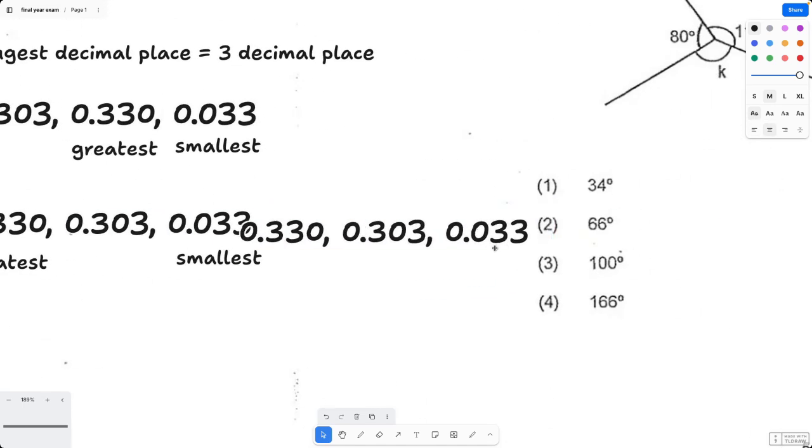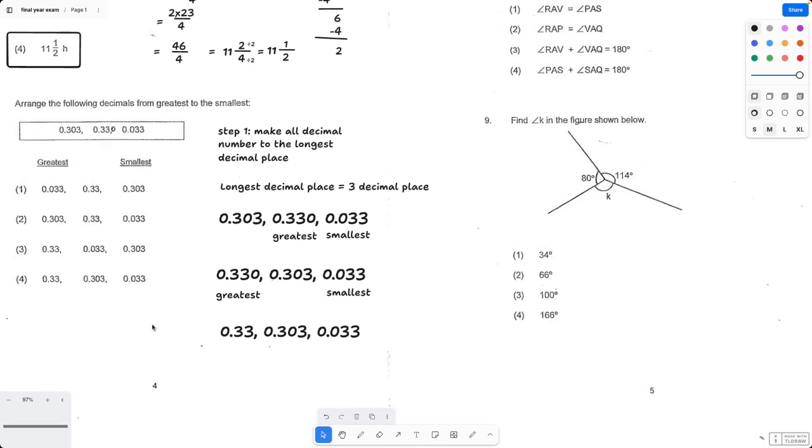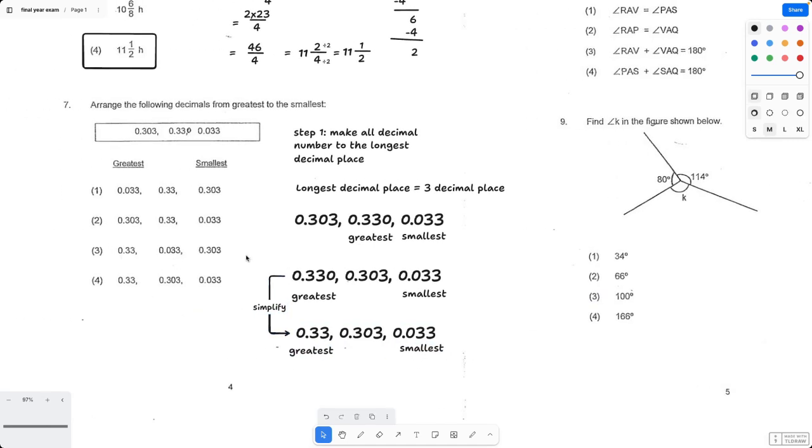So that means this will become 0.33. That's what you see over here. I'm gonna put an arrow from here to here, right? So we just simplify. That's the answer, right? So we just look for 0.33 and then 0.033 as the last answer over here. So that's the answer. Okay, there you go.